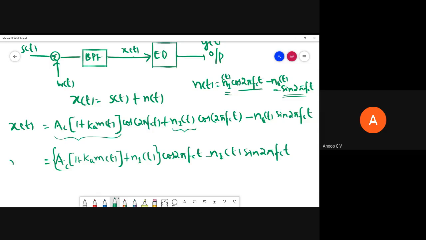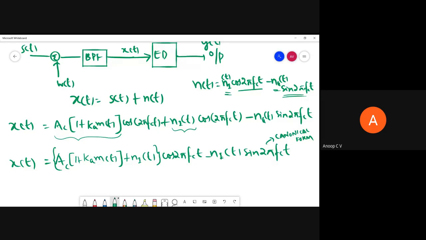Right, so this is x of t, in canonical form, which means something into cos 2 pi fct minus something into sine 2 pi fct.